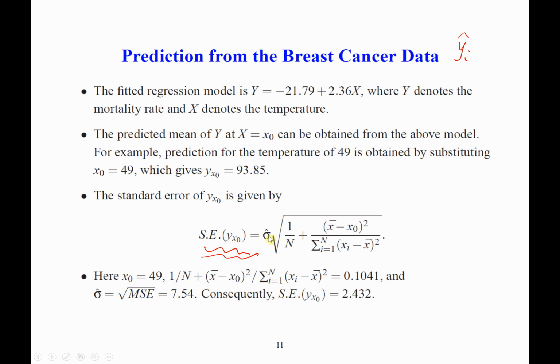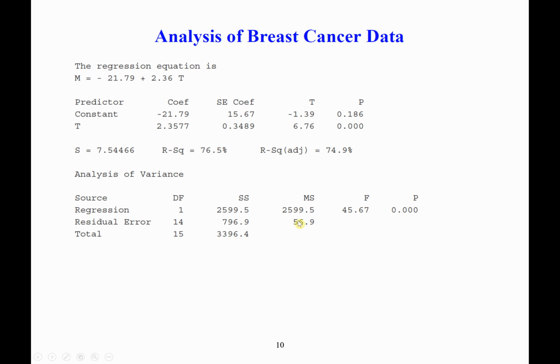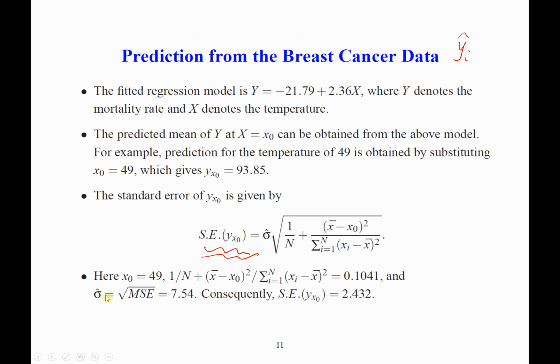And this sigma hat is the mean sum of squares of the residuals. Actually this is 7.54, which is the square root of 56.9. So sigma hat equals 7.54, and consequently we get the standard error of our prediction at the location x0.